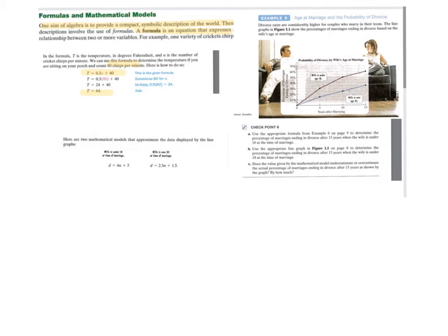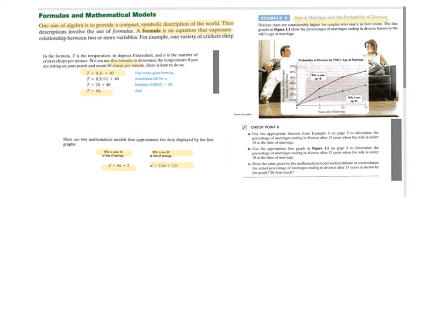So here's an example of data from age at marriage and the probability of divorce. What we want to do with this is, the formulas that are created are right here, for when someone is under age 18 compared to someone over 25. And we want to answer these questions based on those formulas and the graph.